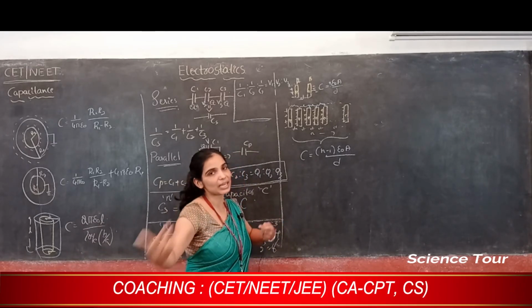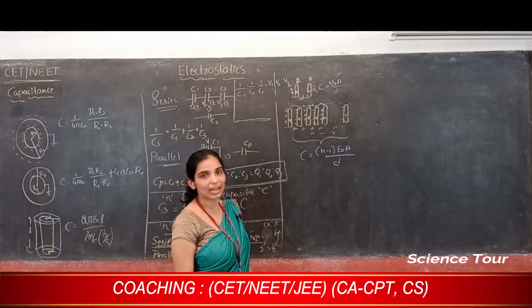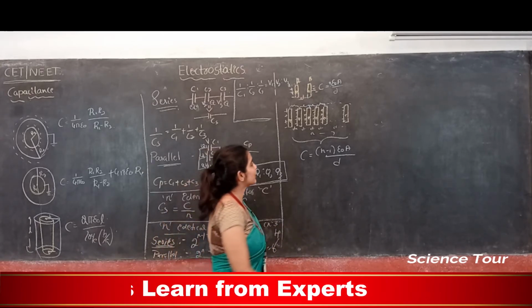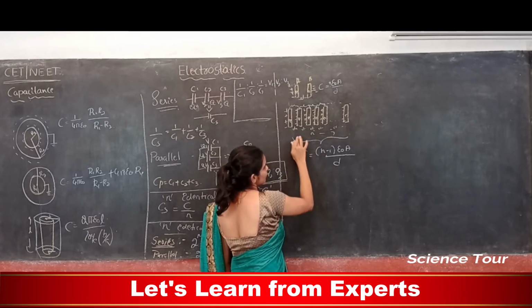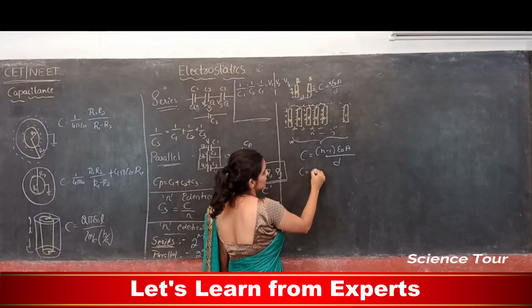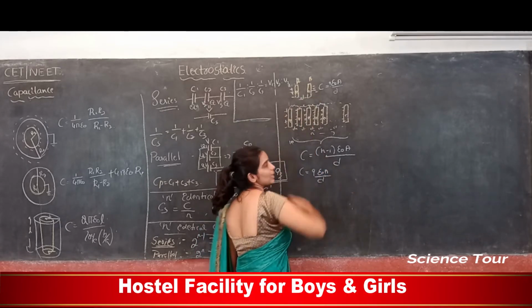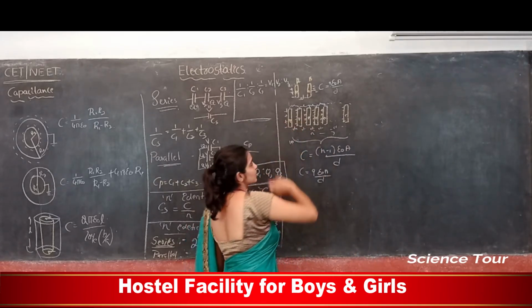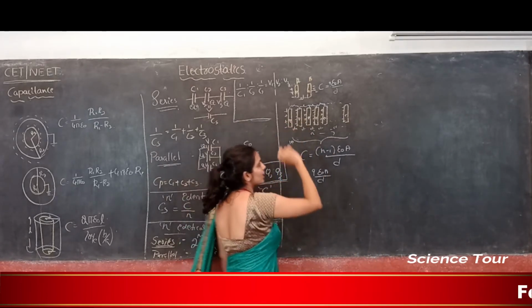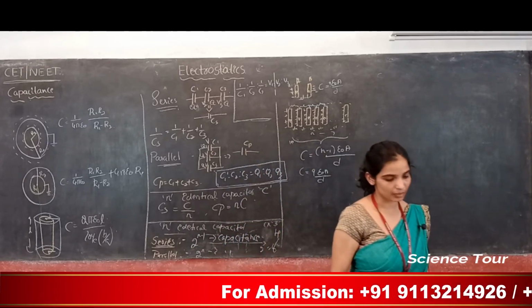If I have 10 plates, then there will be 9 times epsilon naught A divided by D, right? So if it is 10 plates, the capacitance is 9 times the capacitance of two parallel plates. The capacitance of these two parallel plates is there, right? So 9 times that is nothing but the total capacitance of the whole system, right?